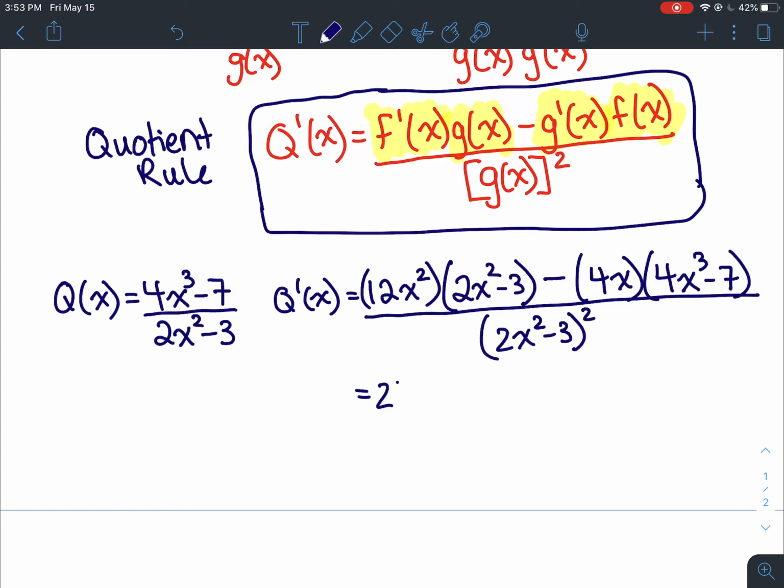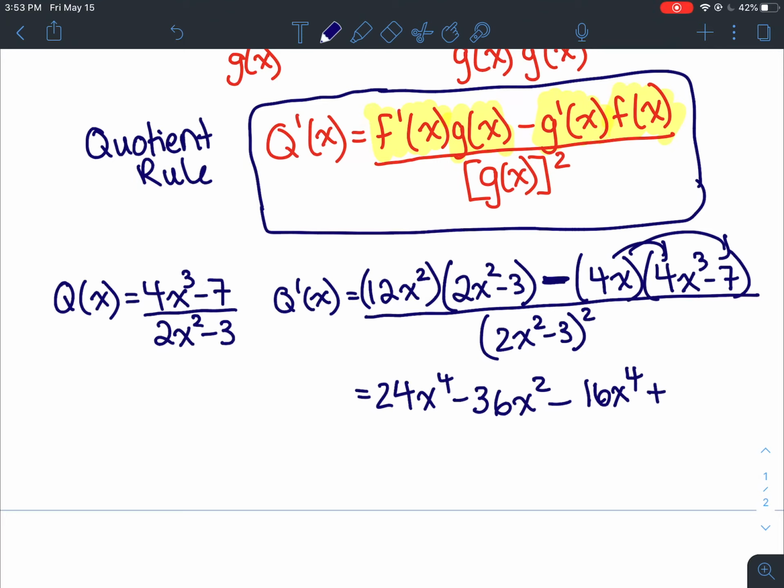If I simplified that, I would get 24x to the power of 4 minus 36x squared minus 16x to the power of 4, since 4 times 4 is 16. Then 4x times negative 7 is negative 28x, which turns into a positive 28x because of this negative.